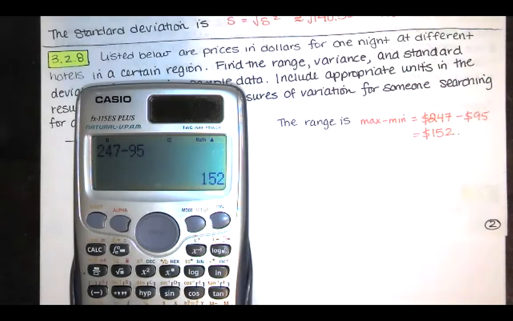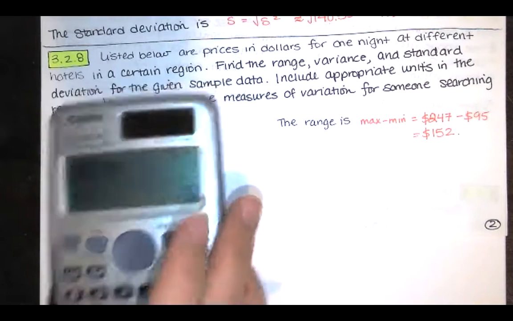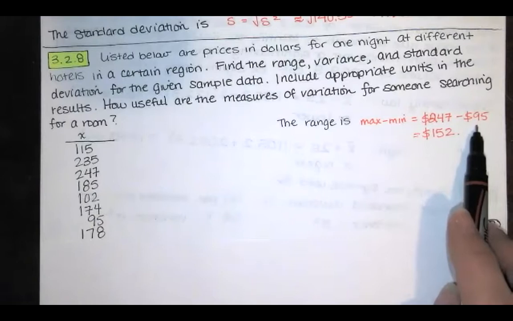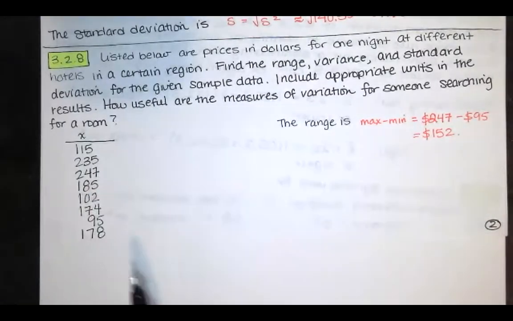So there's a price difference of $152 from the lowest priced hotel locally in this certain region and the highest priced hotel locally, at least in the sample that was selected. Okay, so we found the range.